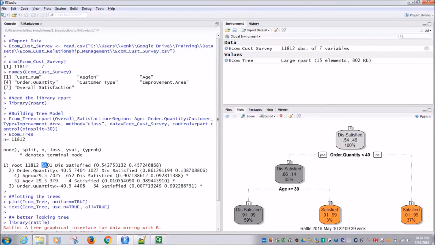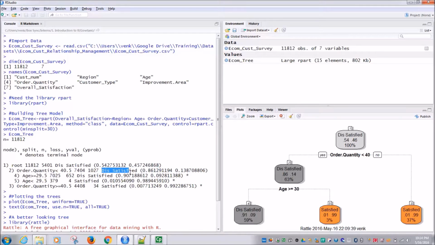So that is a kind of loss to that node, defined as the counter to whatever definition we are giving. So if this node is dissatisfied, the loss in that node is the number of satisfied customers. How many are there? 5,041 customers. Remaining all are dissatisfied customers. So they are around 54% dissatisfied, 45% satisfied. That is why this node is termed as a dissatisfied node.